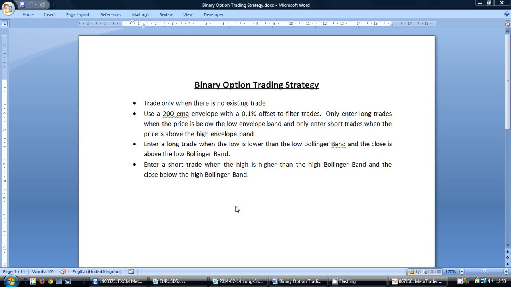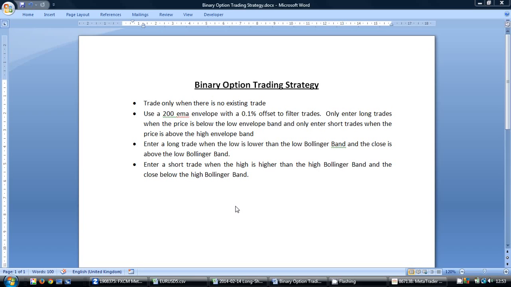Okay, so on screen at the moment we've got the criteria for the trading strategy. I should say at the start that the particular type of binary options that we're using in this particular case are higher than or lower than, and this means that we would enter the binary option and select whether the price will be higher than or lower than the current price in a set amount of time.